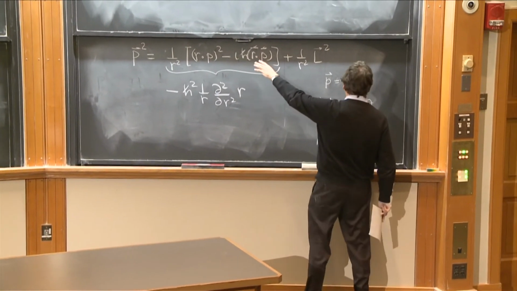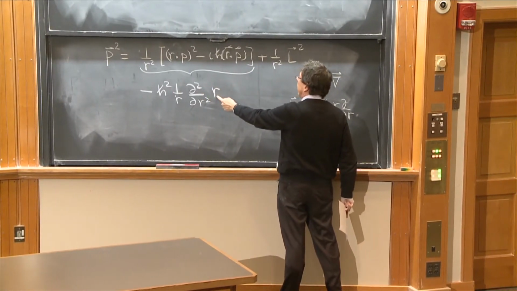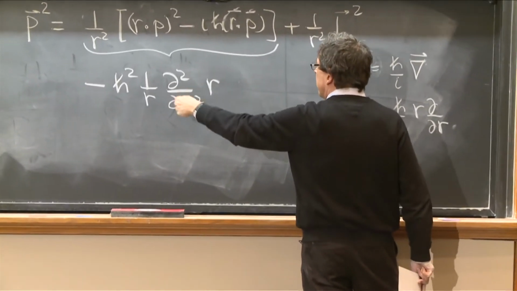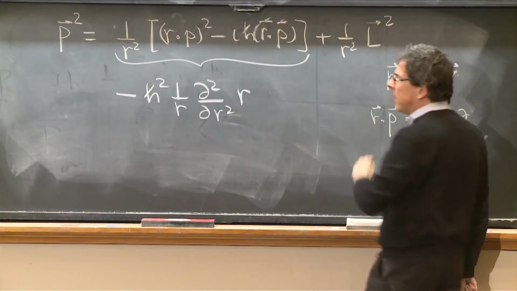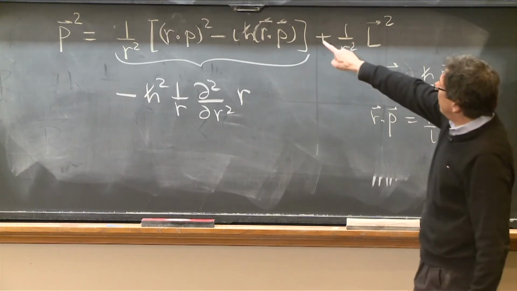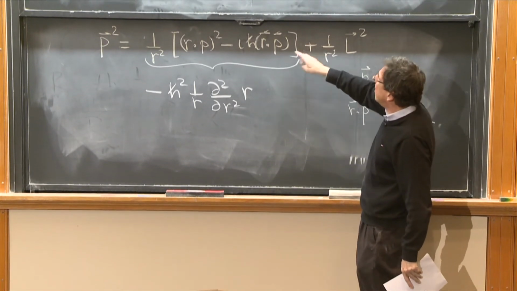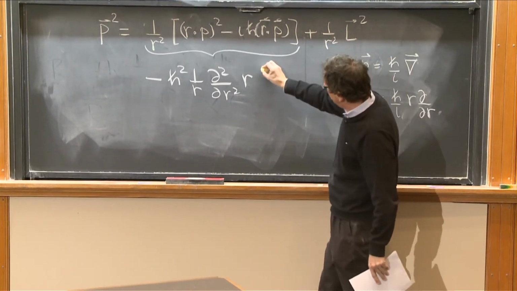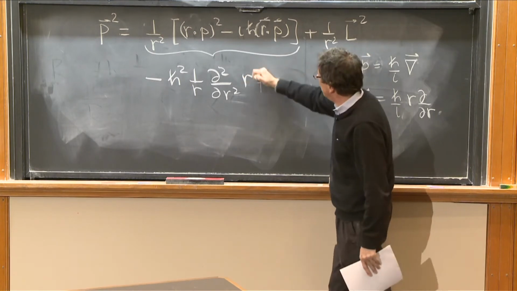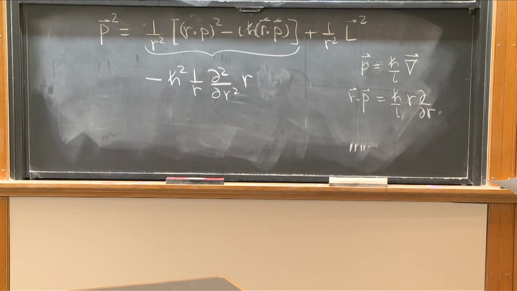You have all these derivatives, and what is an R doing to the right of the derivatives? I see no R. But this is a trick to rewrite everything in a short way. If you want, think of this as acting on some function of R, and see what it is, then put a function of R here and calculate it, and you will see you get the same. It's a good thing to try.